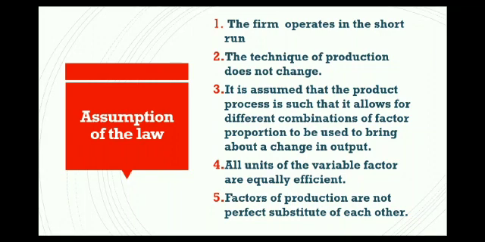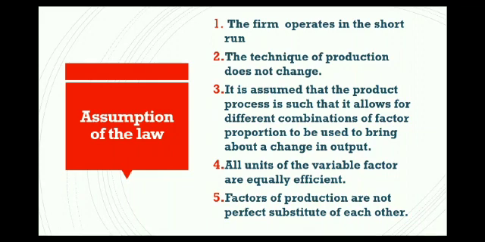Point number 3, it is assumed that the production process is such that it allows for different combinations of factor proportions to be used to bring about a change in output. Point number 4, all units of the variable factors are equally efficient.